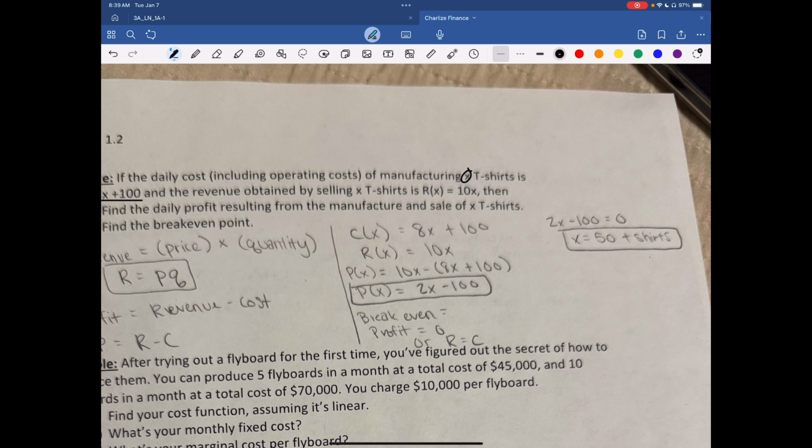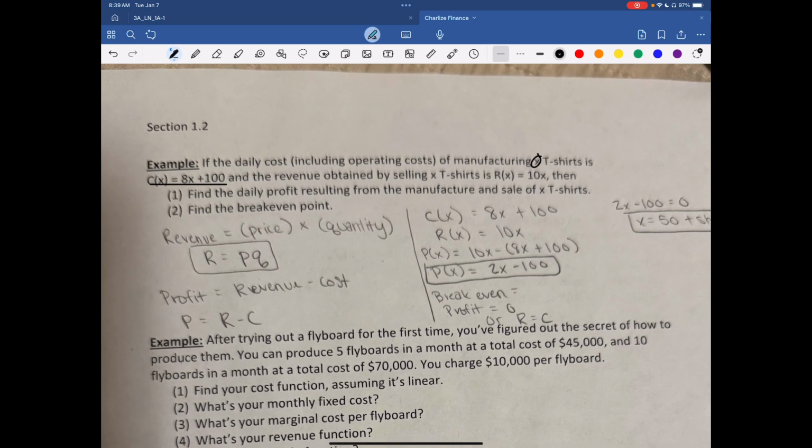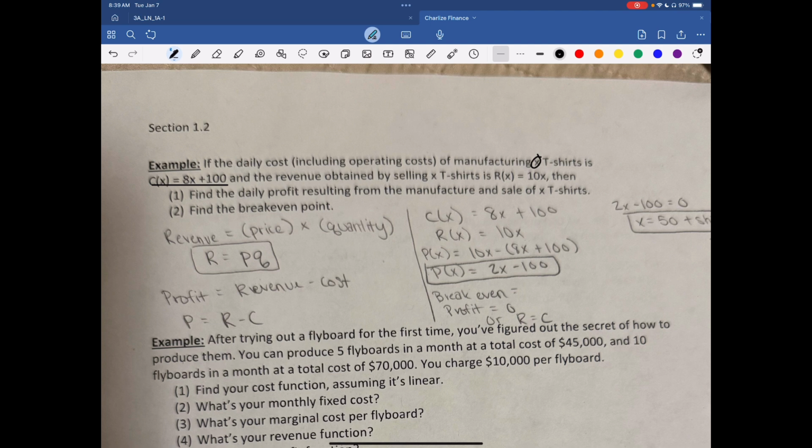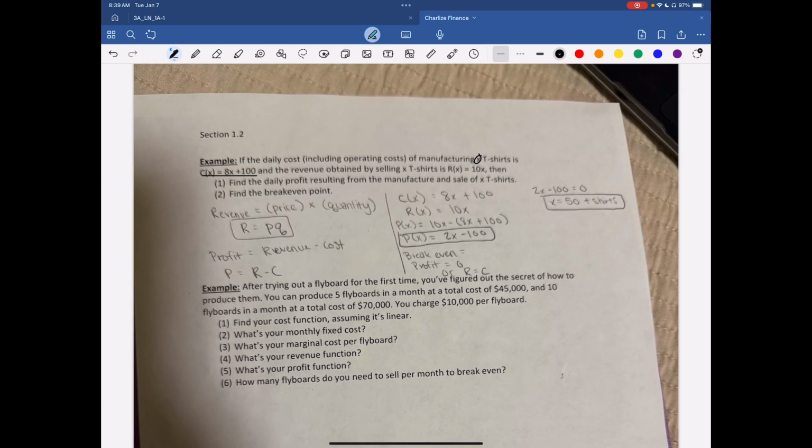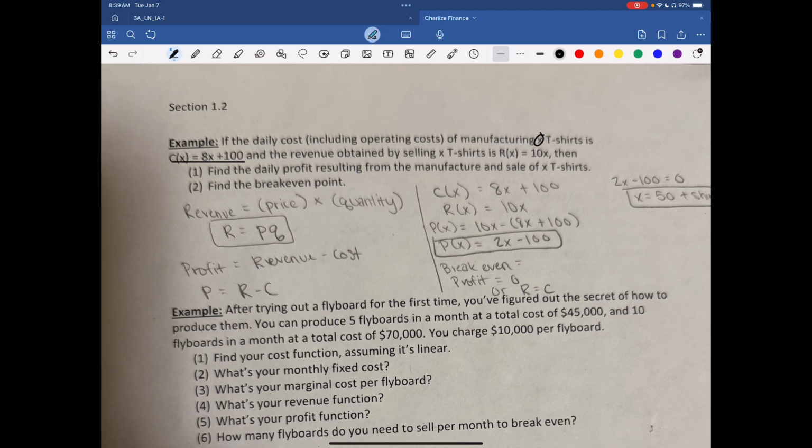Like if I sold two t-shirts, it would just depend on this. There's no fixed or starting price that I receive, because no one's really paying me that either. But anyways, find the daily profit resulting from the manufacture and the sale of x t-shirts. So you gave the equation: revenue is equal to price times quantity.